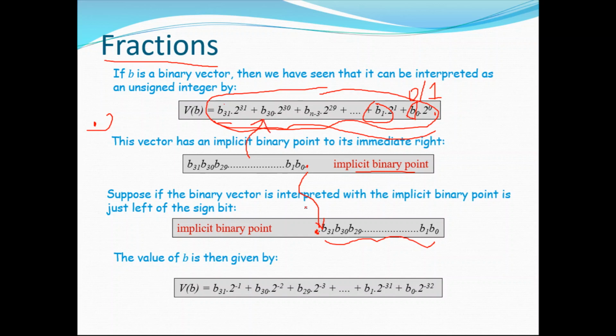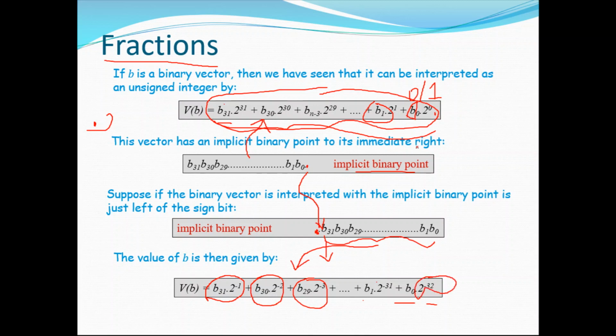But if the binary point is at the left end, the first binary value after the binary point is multiplied with 2 to the power minus 1, the next with 2 to the power minus 2, the next with 2 to the power minus 3, and so on. That depends on the size of the number. If it is a 32-bit number, it will go up to 2 to the power minus 32.